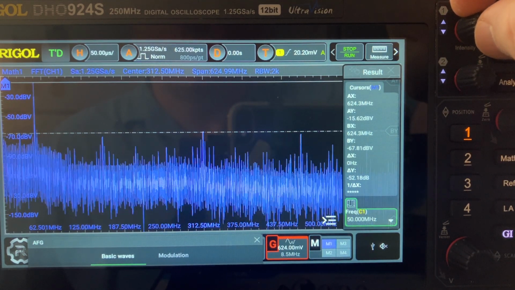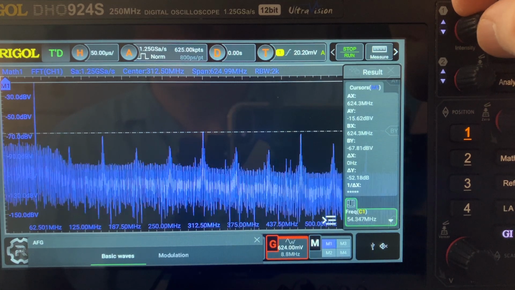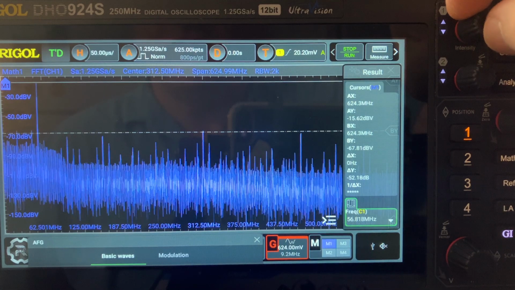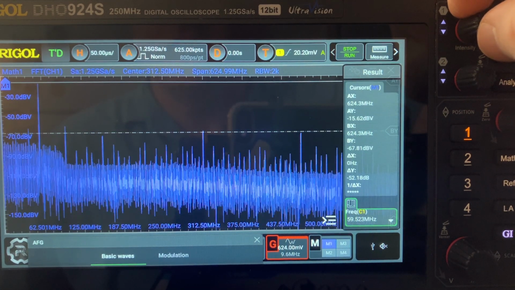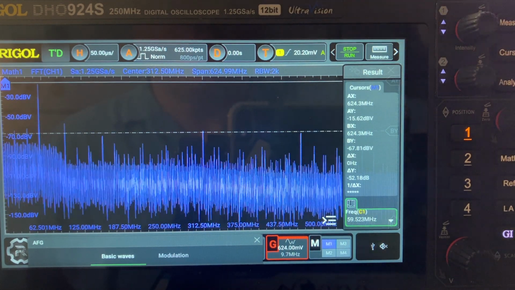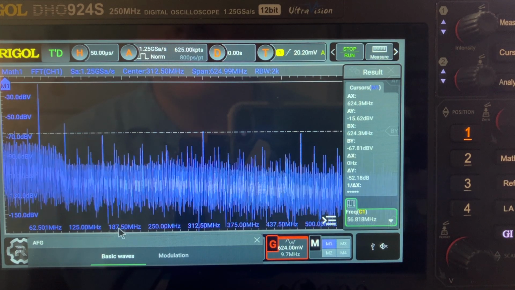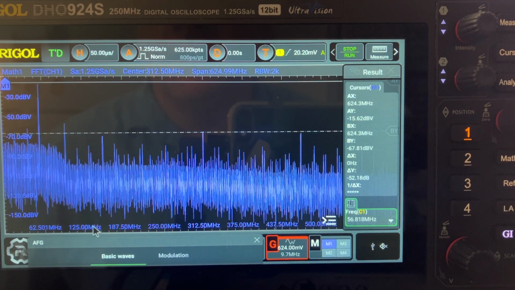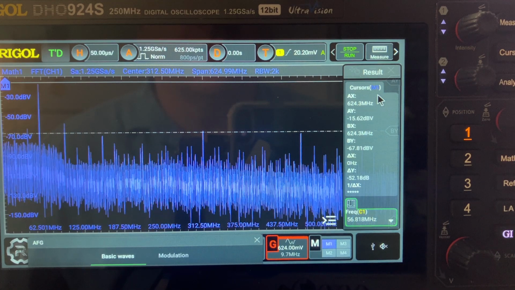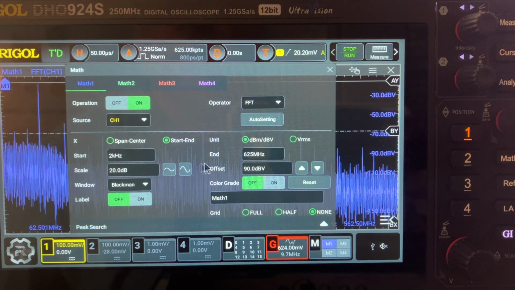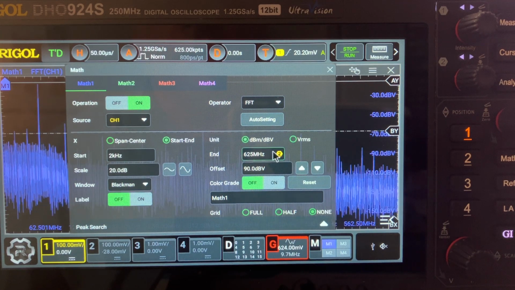If I go to 54, 55, you see all the peak of noise going up. The most offender is here and here. So let's move the analysis up to 124. Use this, change. I don't want to look at everything.